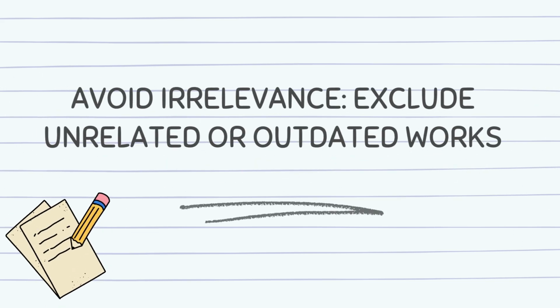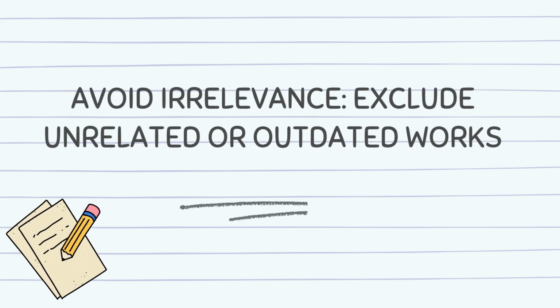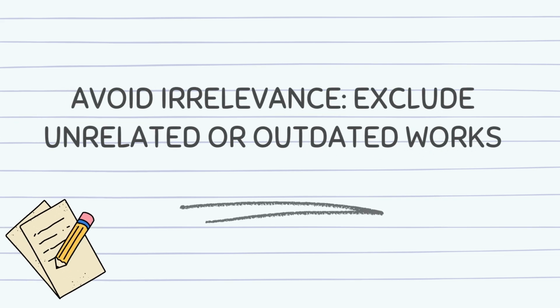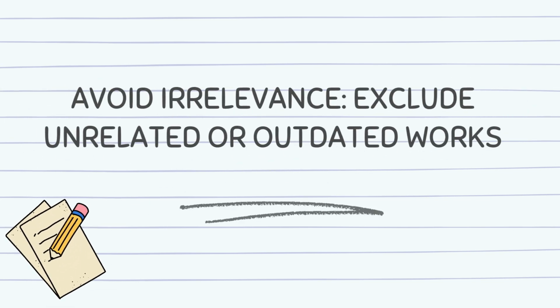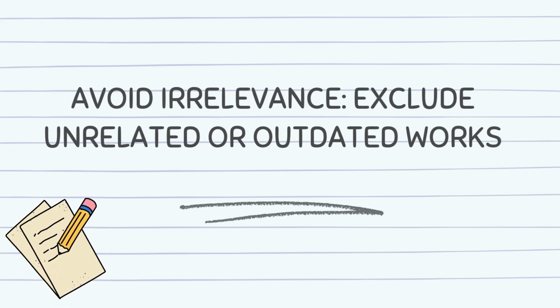Exclusion: studies with no direct connection to the research topic. Outdated research unless historically necessary. Sources with methodological weaknesses or limited credibility. Opinion pieces, blog posts, and non-peer-reviewed sources. By establishing these guidelines early, researchers can efficiently filter sources and focus only on relevant literature.